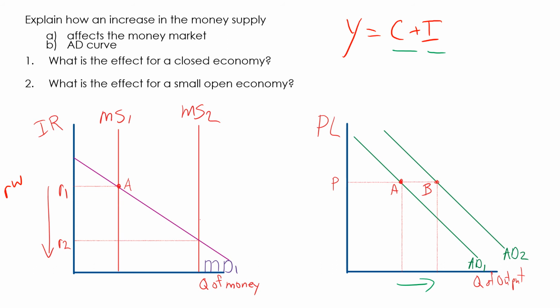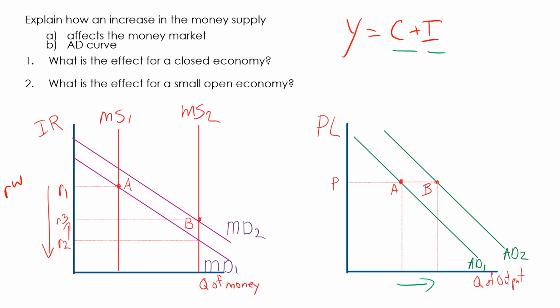Businesses are investing. Consumers are buying cars and things like that. They need money to do that. So the money demand actually increases a little bit, and that's going to revert some of the decreases in the interest rates, and the rate will go up from R2 to R3.